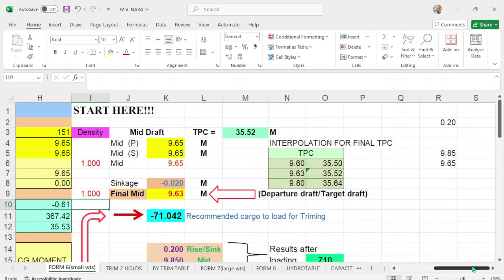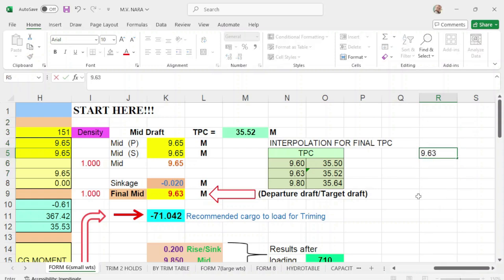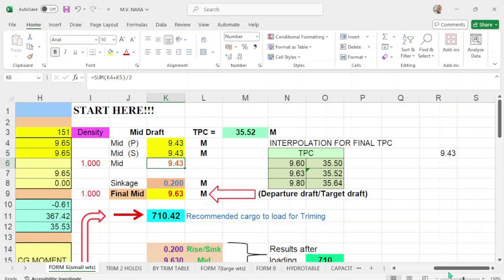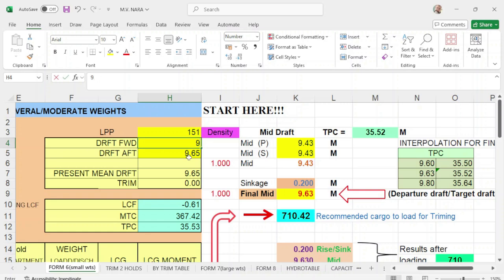So 9.63 minus 0.20. That will be how much? 9.43. So this will be 9.43.